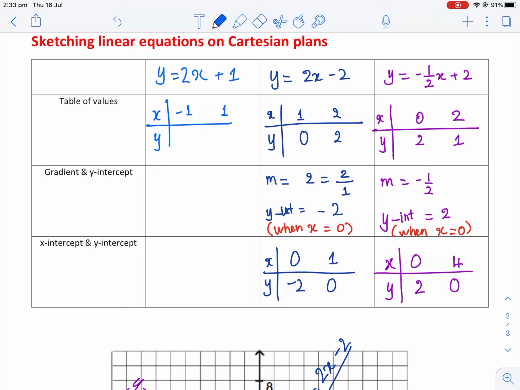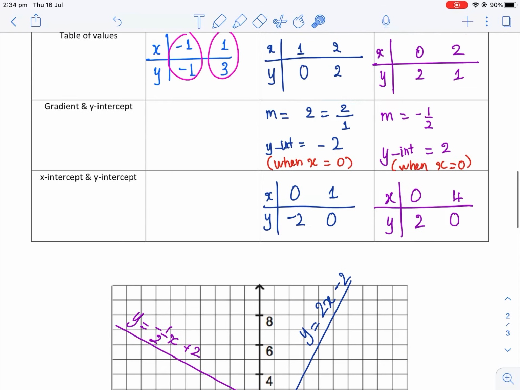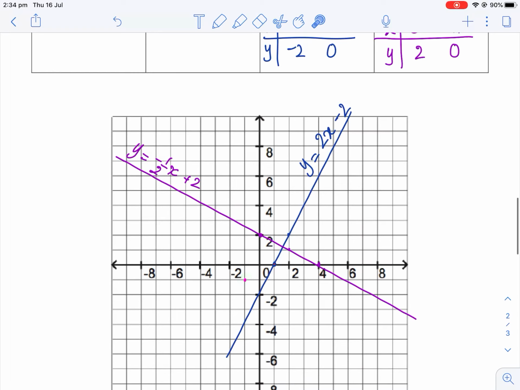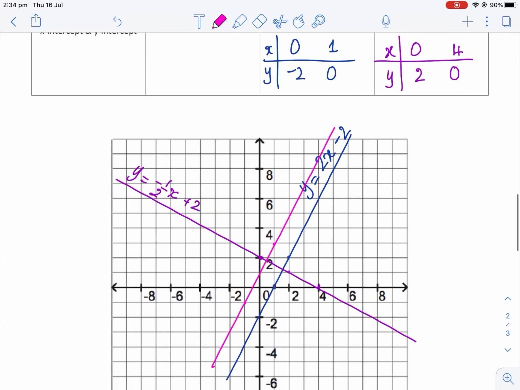So it's negative 1 and negative 1. Negative 1 and negative 1 is going to be here. It's this one here, okay? And then the next point is 1 and 3. 1 and 3 is going to be here. And then I use the ruler, connect these 2 points together. Yeah, there you go.